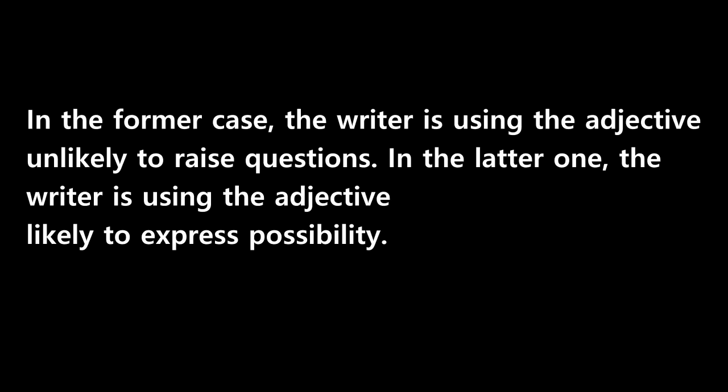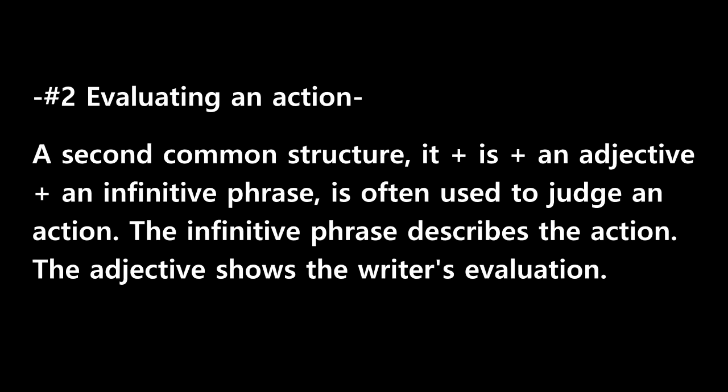Or, It is likely that the information was incomplete. In the former case, the writer is using the adjective unlikely to raise questions. In the latter one, the writer is using the adjective likely to express possibility.